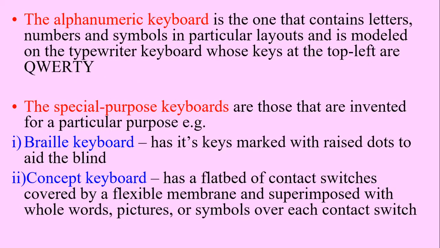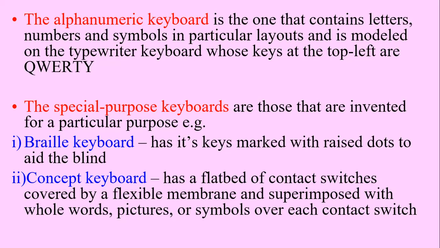The alphanumeric keyboard is the one that contains letters, numbers, and symbols in particular layouts and is modeled on the typewriter keyboard whose keys at the top left are QWERTY, that is Q, W, E, R, T, Y.